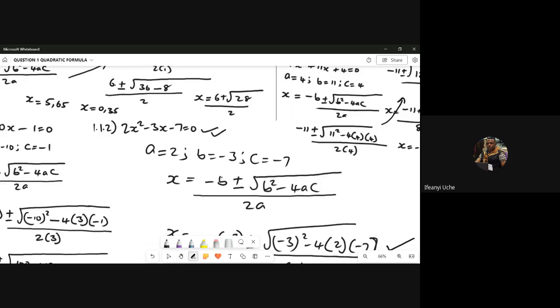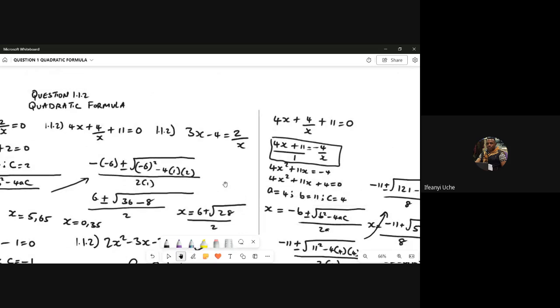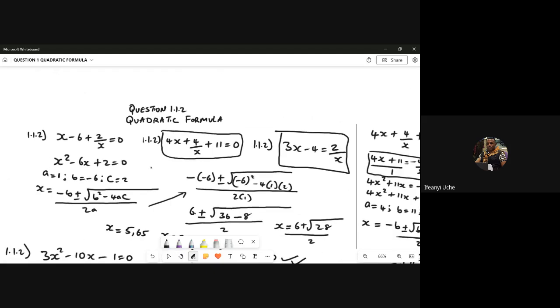Don't expect to always see it that way. They might bring it this way, they might give it to us like this, or like this. So it can come this way.